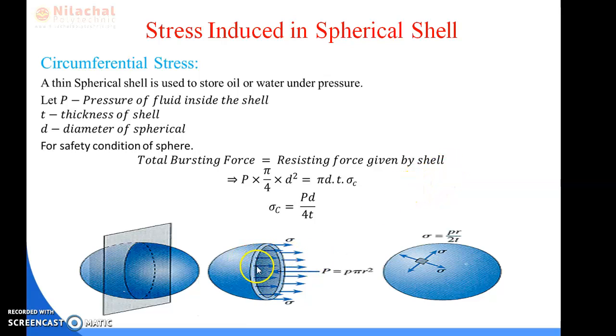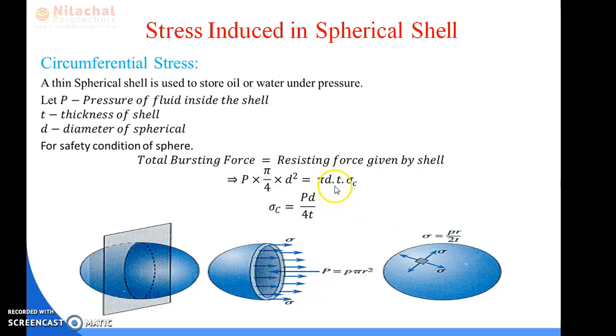If you open this circular surface, then we will get a rectangle. From the front view, this circular part will be seen as a rectangular body. So pi d is the length of the hemisphere when it is opened.